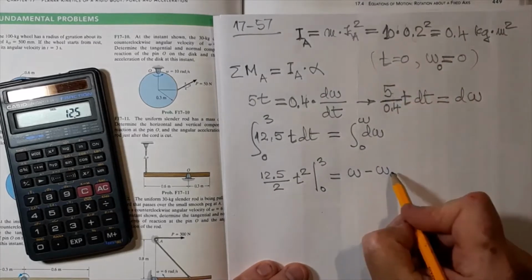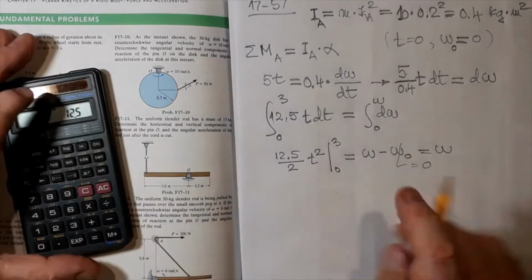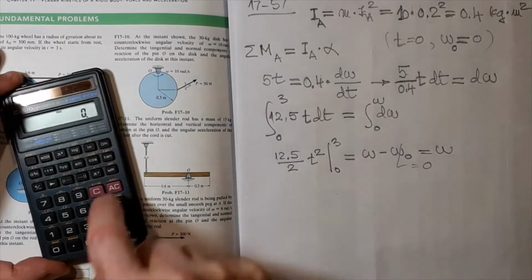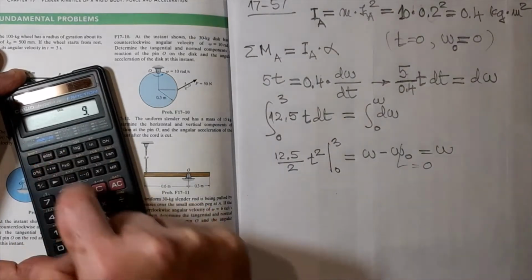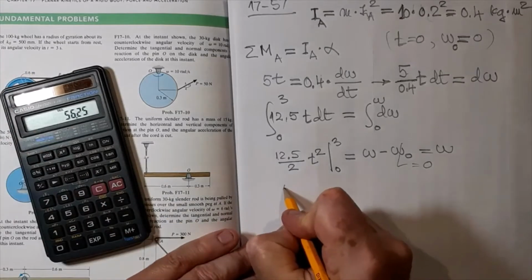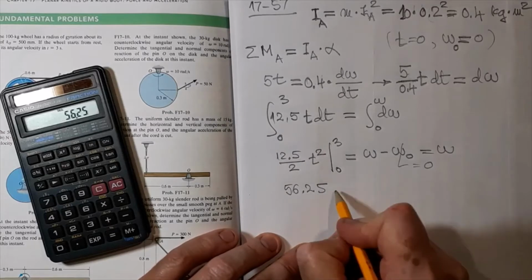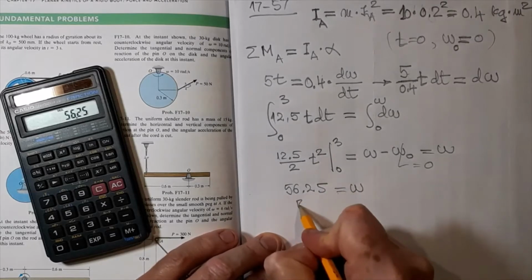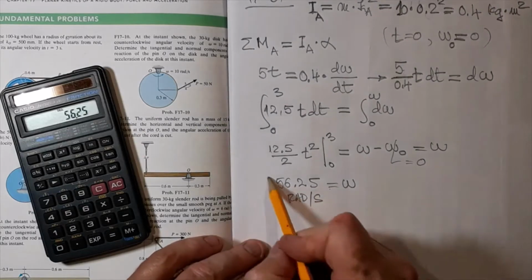Omega 0 is 0, so this is omega. On the left we have 12.5 over 2 times 3 squared, which is 56.25. It's omega, and these are radians per second. So this is the answer.